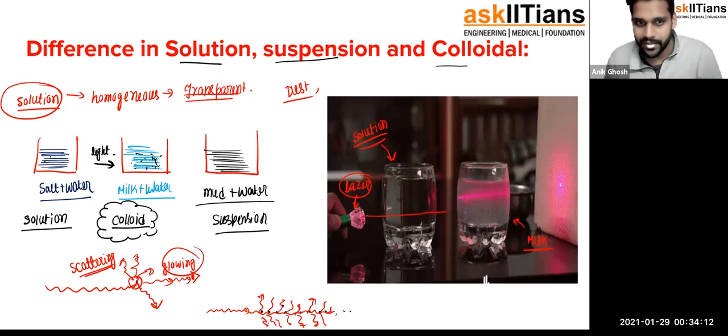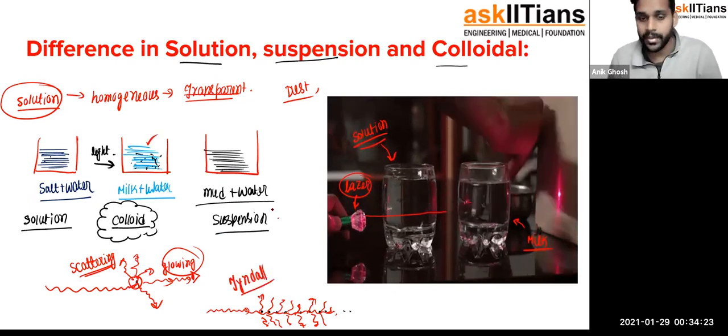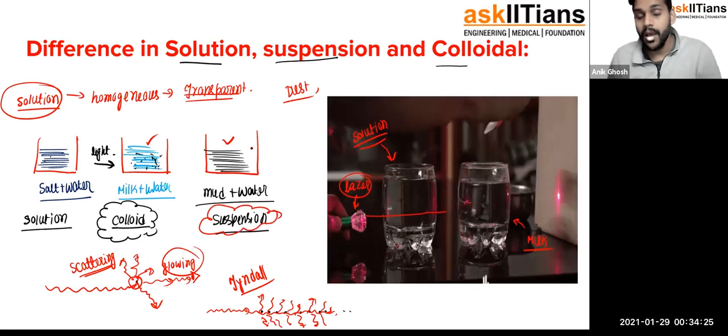We call this the Tyndall effect. This effect is shown by both colloids and suspensions. But for a suspension, this effect is not that significant, because it stays for a couple of minutes only.